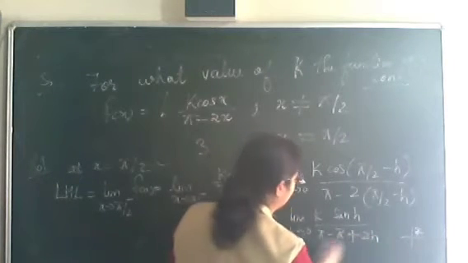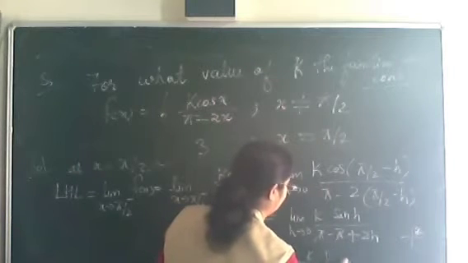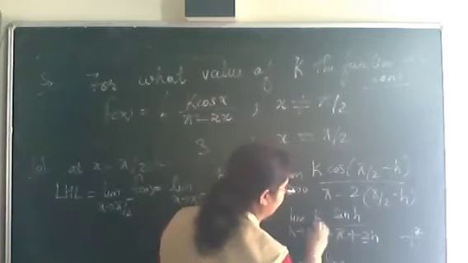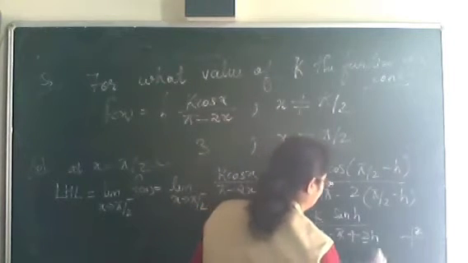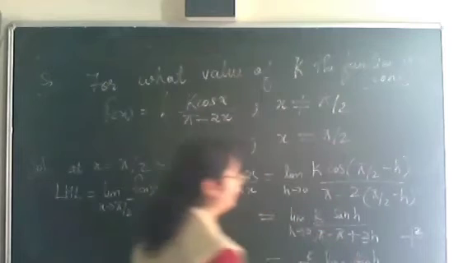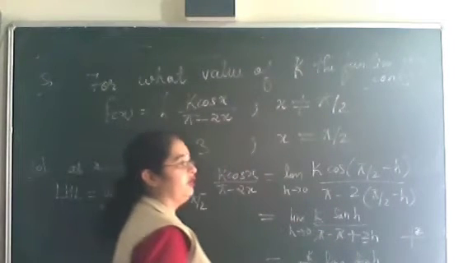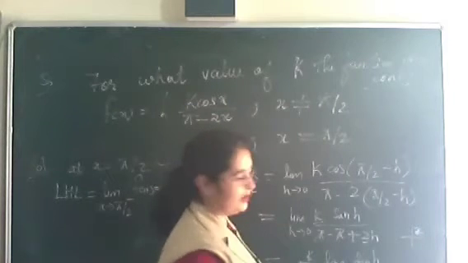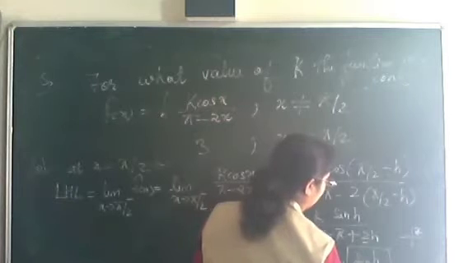So this can be written as k by 2 limit. We can take out the constants k and 2 outside. Limit h tending to 0 of sin h upon h. If you remember class 11, this is a standard result: sin h by h is equal to 1.